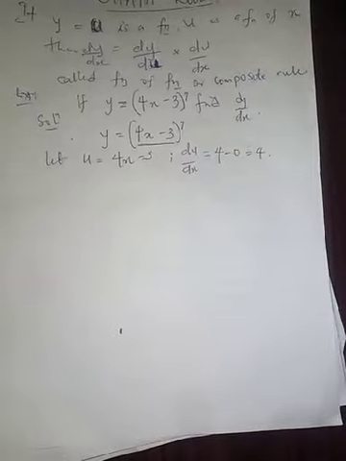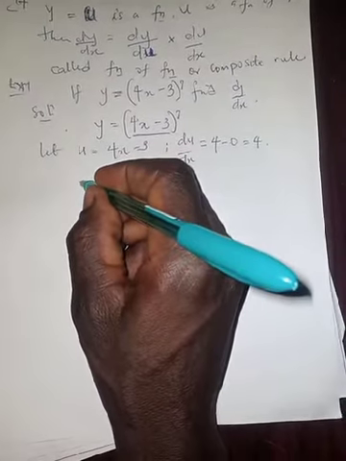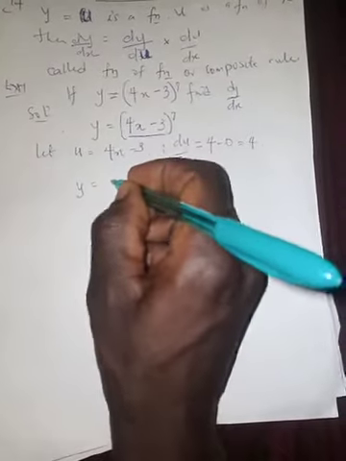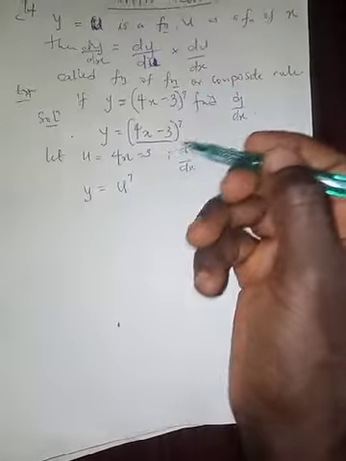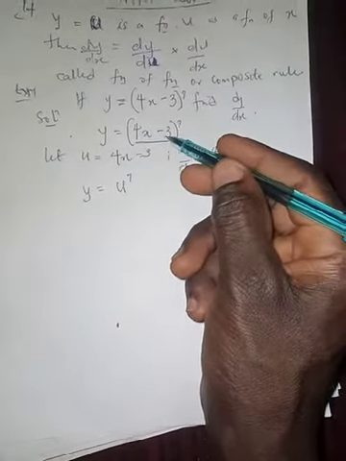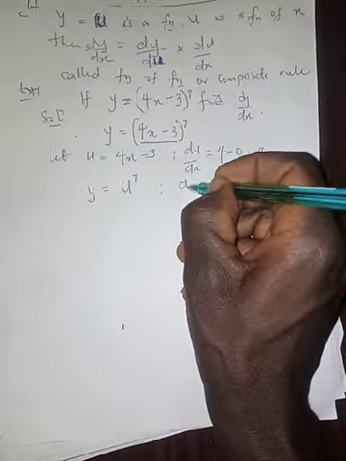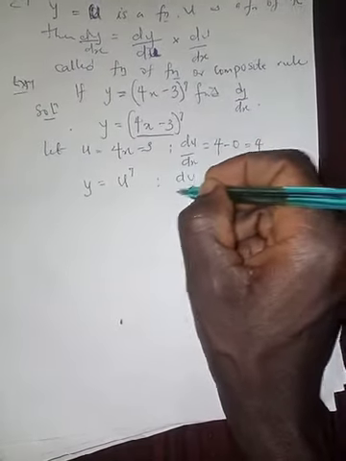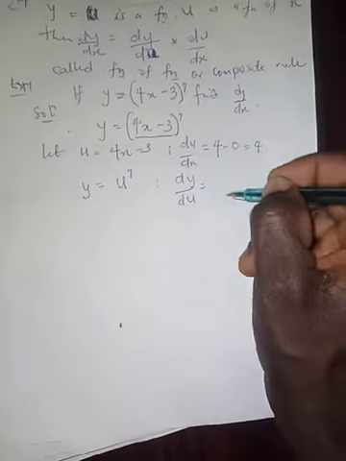And here too, we will say our y equals u raised to power 7. Note that we said everything inside the bracket is u. And if we should now differentiate this equation, that is y with respect to u, you will have the formula.